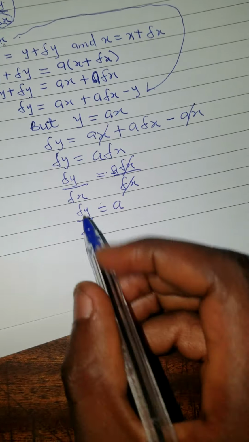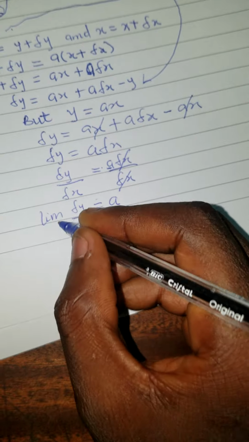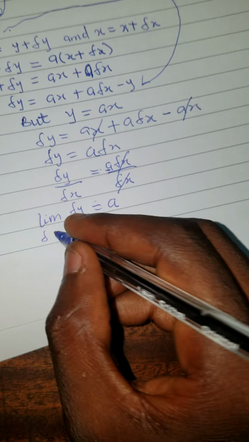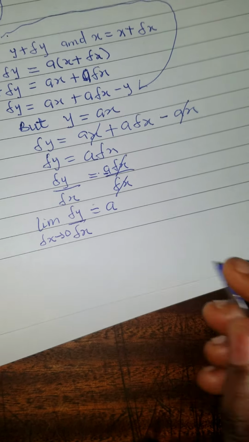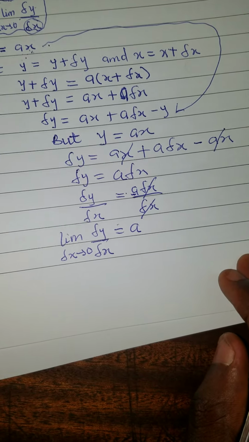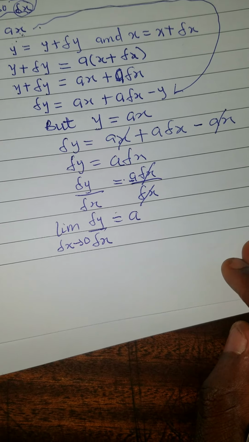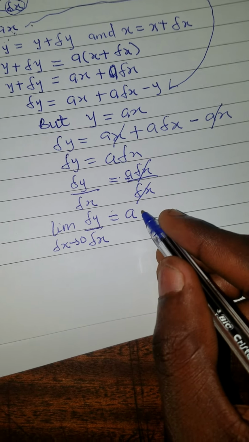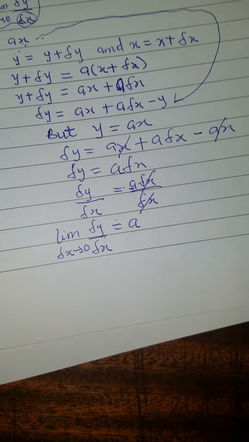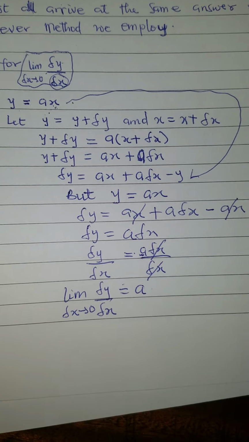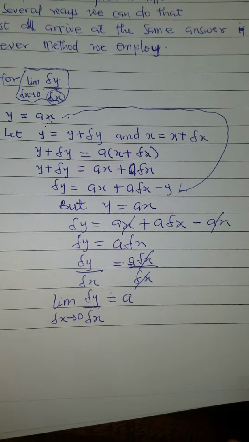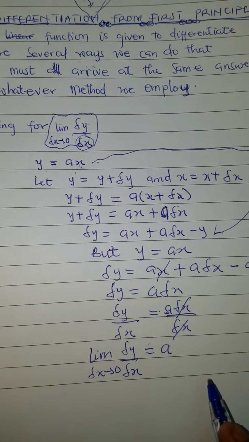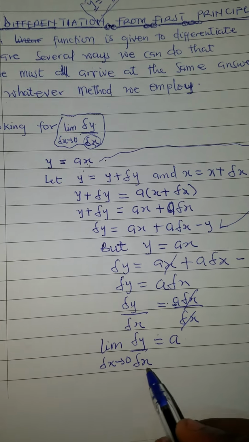But we said we are looking for the limit where the change of what you are differentiating with respect to approaches 0. So we are differentiating with respect to what? x. So change of x is equal to 0. There's no change of x here. We would have substituted 0 inside, just like we did in the limit in my first lesson when I spoke about limits of functions. We said something about that. And so this is the answer you will get.